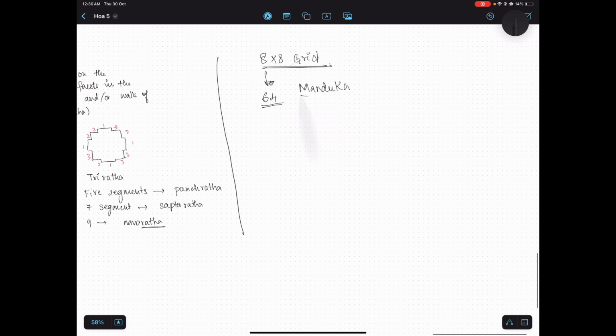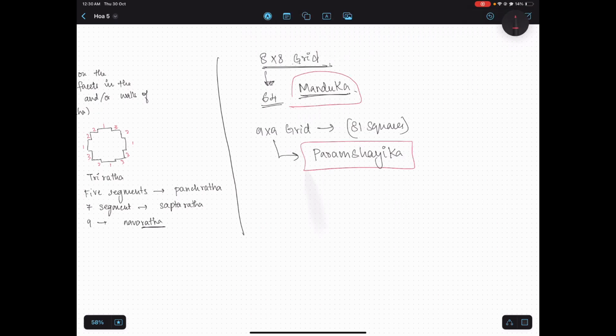And sometimes for larger structures they use a 9 into 9 grid, which is 81 squares, and this grid is called Paramashayika. This has been asked quite some time in GATE, so that's why I want to emphasize on it. And we are done with Indian temple architecture.